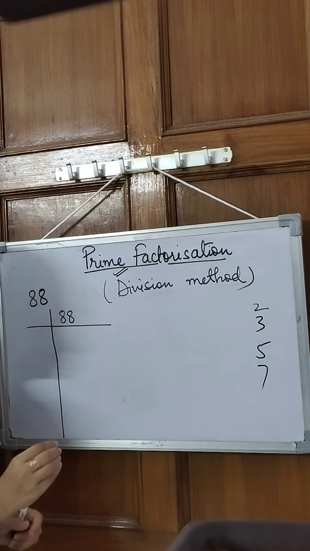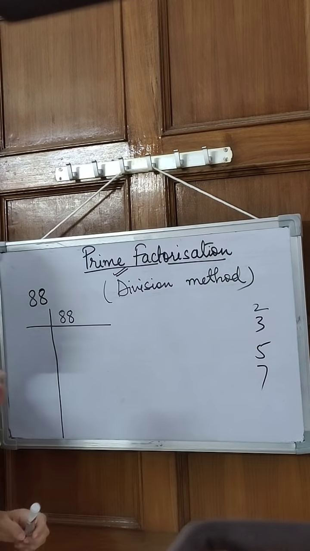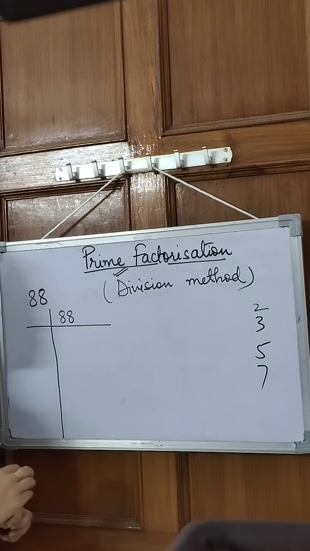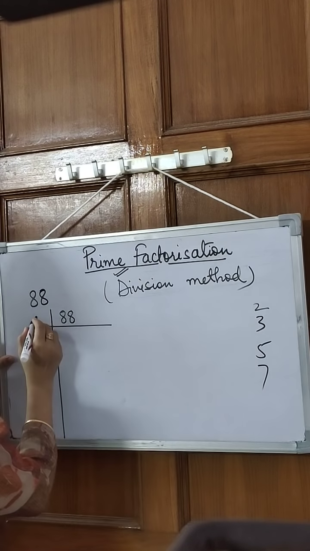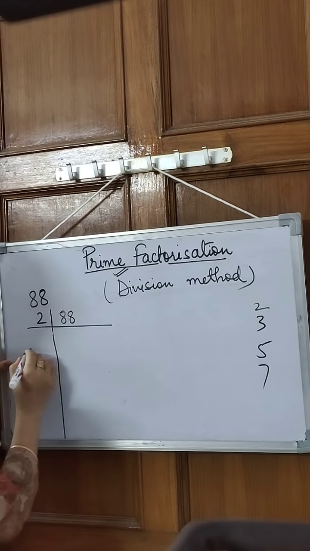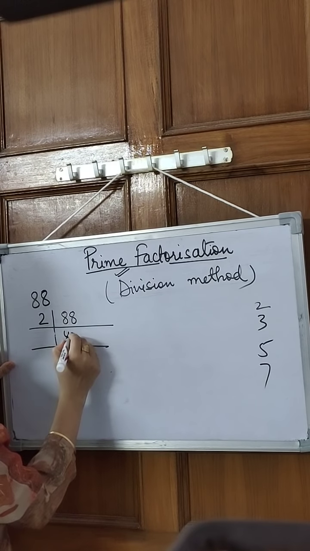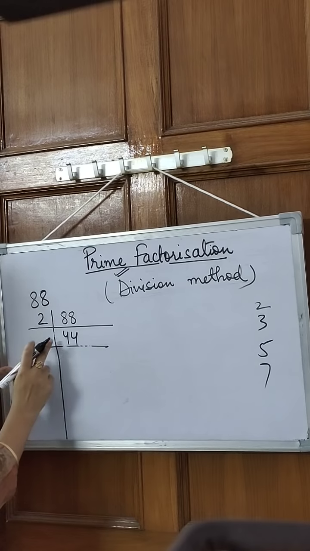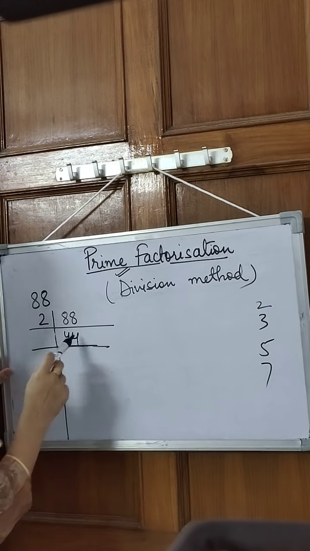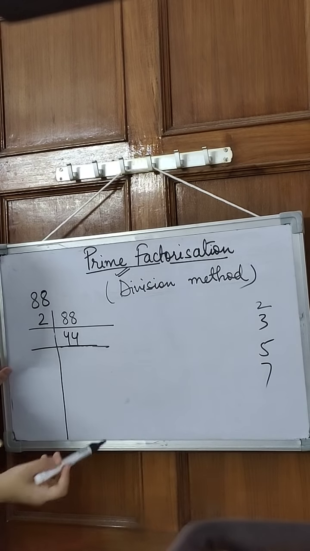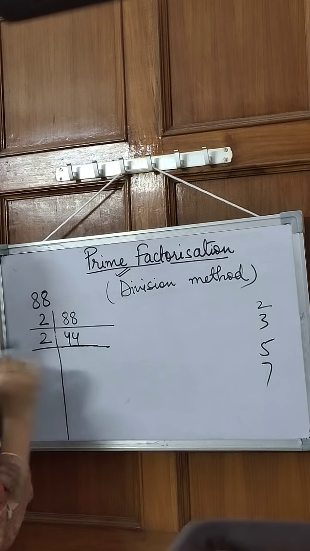The best way to do this is to start with the smallest number, 2. Since this is 88, I can see that yes, this number is divisible by 2, and 2 is a prime number, so I will take 2. Now let's divide it. 2 4s are 8, and 2 4s are 8. So now the number that I have is 44. 44 is again divisible by 4 or many other numbers, but I have to take only primes. So again 44 is divisible by 2.